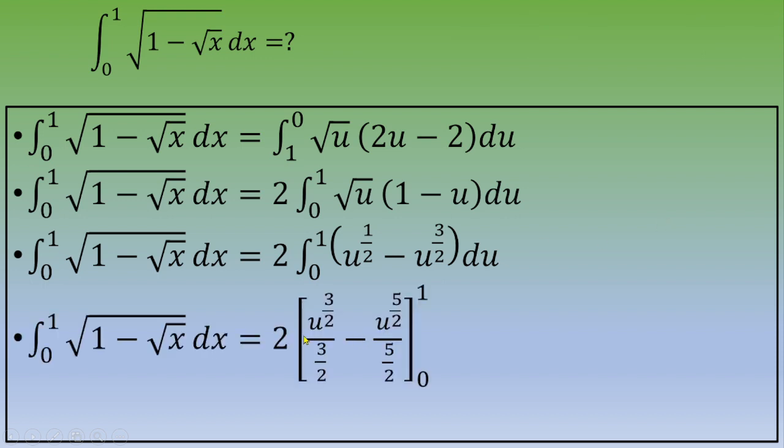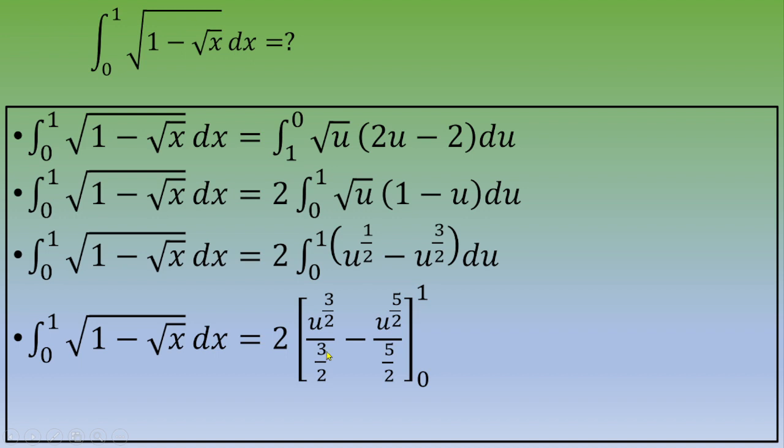So this is 2 times, from 0 to 1, u power 1/2 plus 1, this is 3/2, and you divide by the same quantity, 3/2, minus u power 3/2 plus 1, this is 5/2, and you divide by the exact same quantity. When you divide by a fraction, this is the same as multiplying by the inverse fraction.